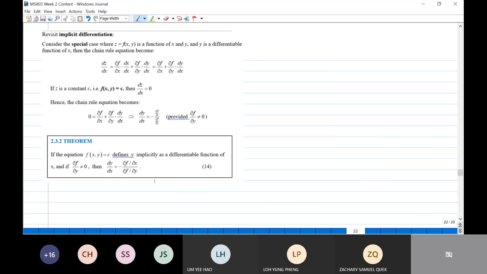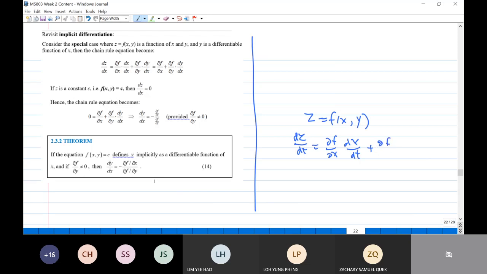Okay, let's try to understand this first. Suppose z is a function of x and y. So we know that dz dt is partial differentiation with respect to x first, then multiplied by dx dt, plus partial differentiation with respect to y, then dy dt.